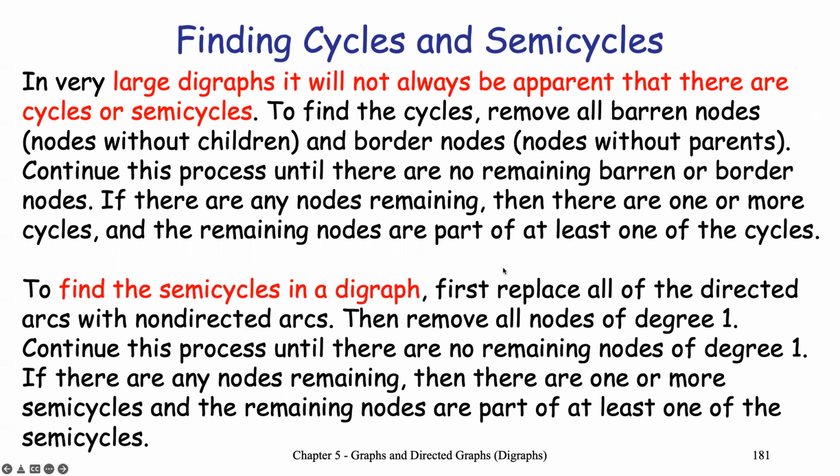To find the semi-cycles in a digraph, first replace all of the directed arcs with non-directed arcs. Then remove all the nodes of degree 1. Continue this process until there are no more remaining nodes of degree 1. If there are any nodes remaining, there are one or more semi-cycles, and the remaining nodes are part of at least one of the semi-cycles.